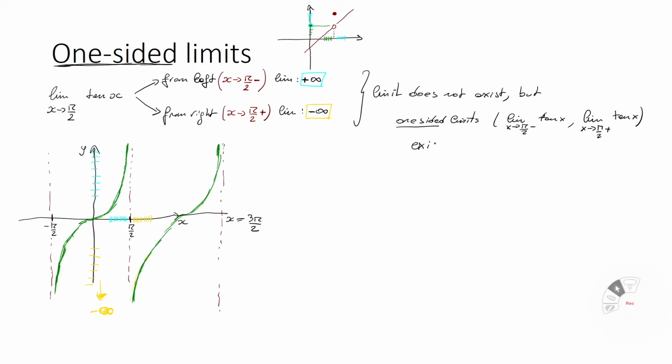These two exist. One-sided limits are where you walk towards a point but just from one side, either from the left or from the right.